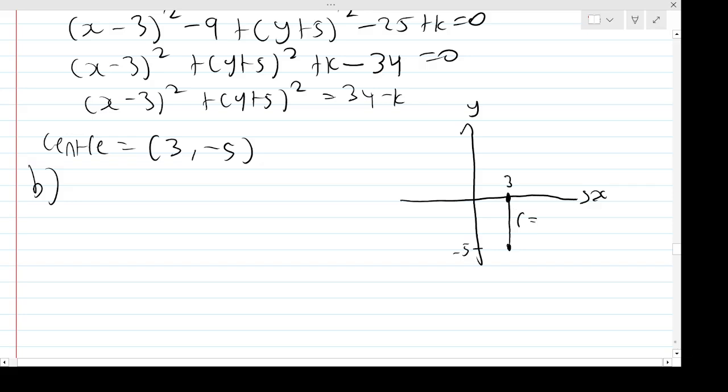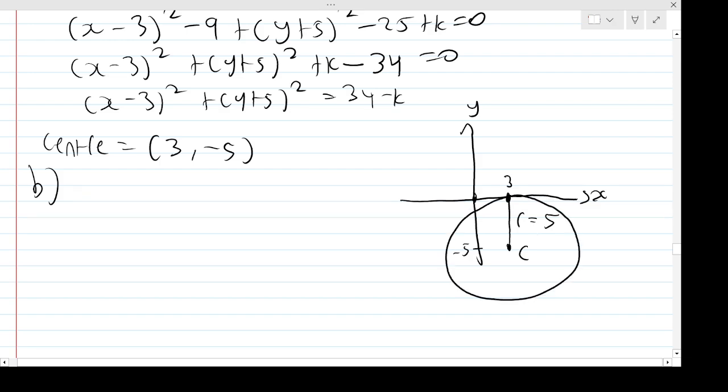Since the y value at the centre is minus 5, and on the x-axis y is 0, the radius must be 5. So the radius needs to go up to 5, and that tells you when the radius is 5.